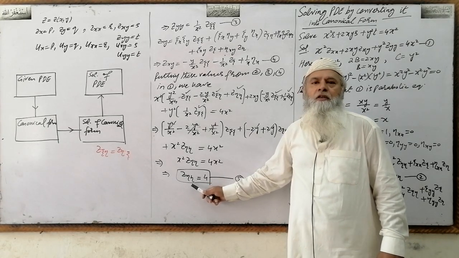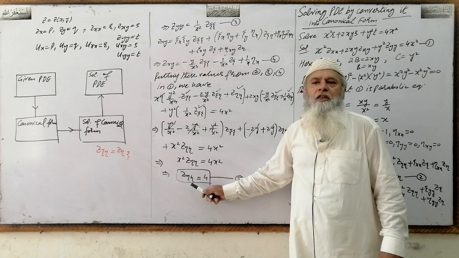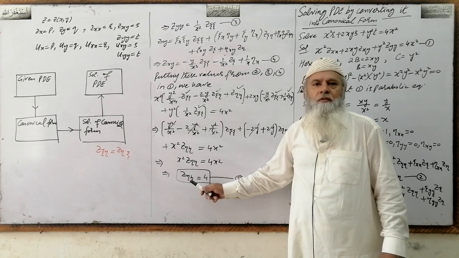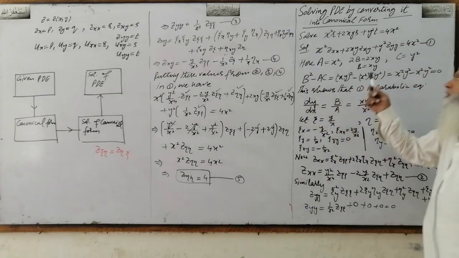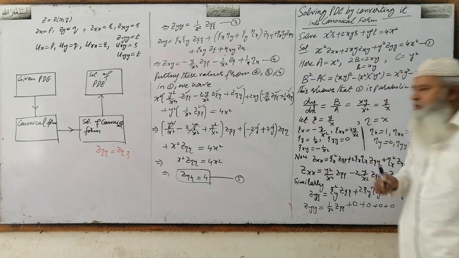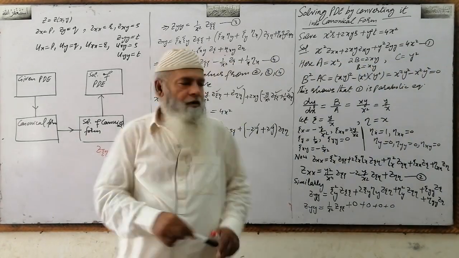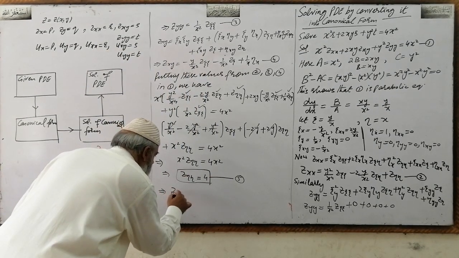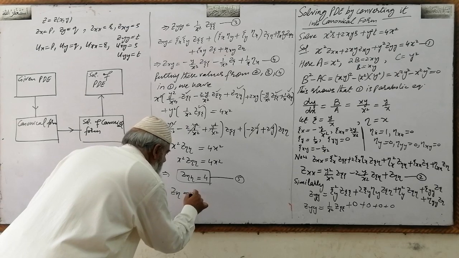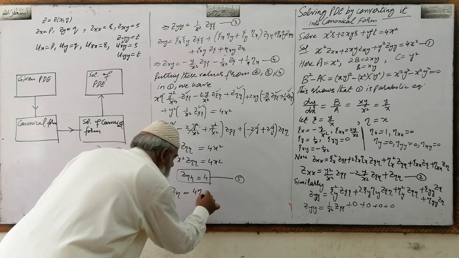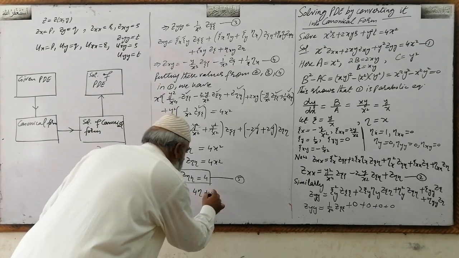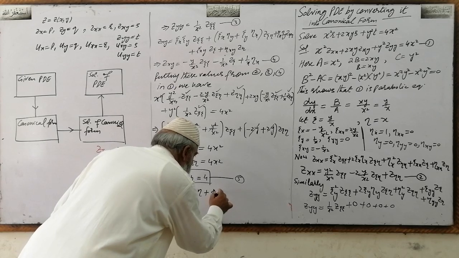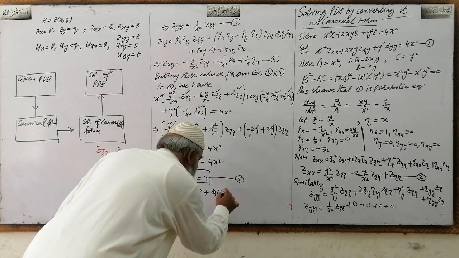How can we solve it? We just have to integrate it twice with respect to eta, which we could not do here. Once again, when you integrate it with respect to eta, what will happen? This will be 4 eta, and we will have another function which may be a function of xi.